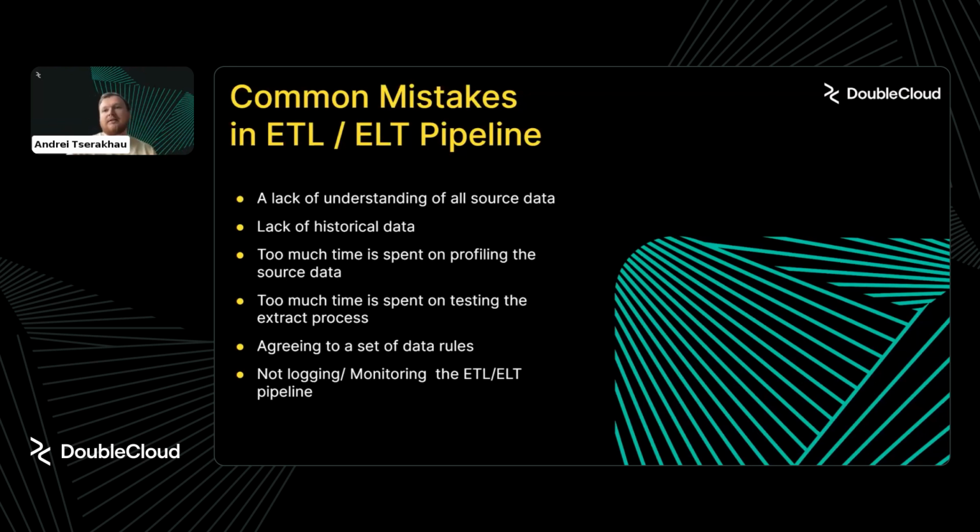Understanding historical data is crucial for understanding the whole domain model and the whole outline of your applications. Understanding your data model and where it comes from, the different sources, is essential for building a robust data pipeline, because this is your foundation.